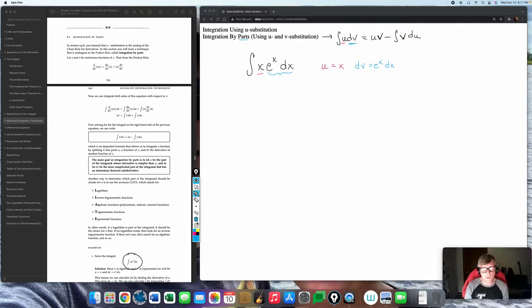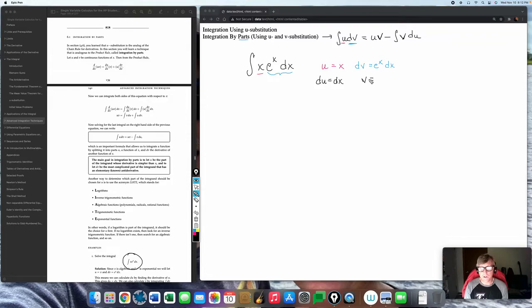So what do I have to do here? Well, I am going to have to figure out what du is, because there's a du in the formula. And I'm also going to have to figure out what v is, because there's a v in the formula. How do I get from u to du? Find the derivative. The derivative of x is 1, but this is du dx equals 1, so I'm moving my dx over, so du is going to be exactly dx.